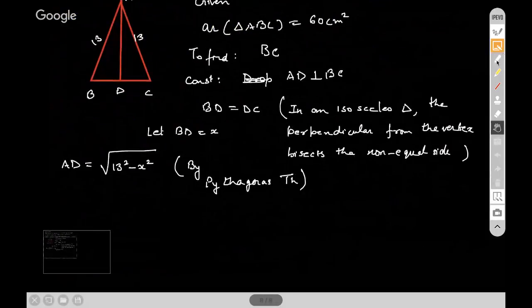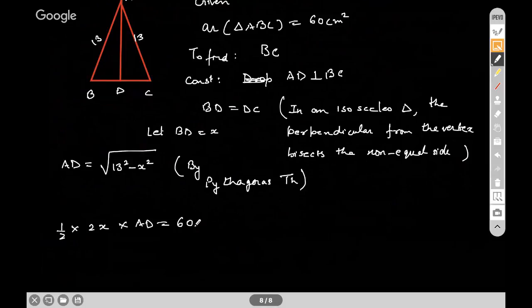Now, what do we now do? So I now know the height. So area of triangle, half into base into height, that is AD, will be equal to 60. That is what is given. So half into 2x, I can just cancel this 2 off. So x into AD, what is AD? Under root 13 square minus x square, is equal to 60. Isn't it?